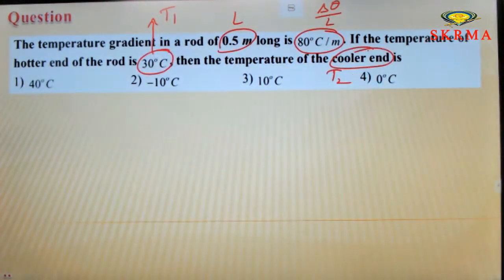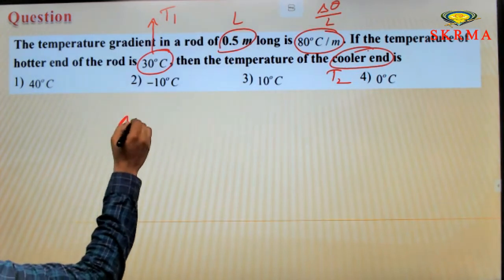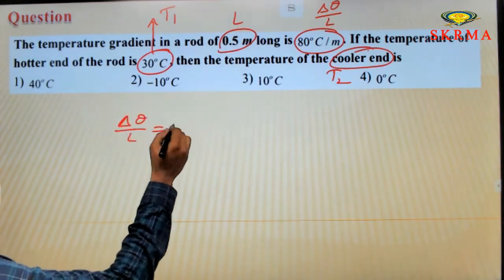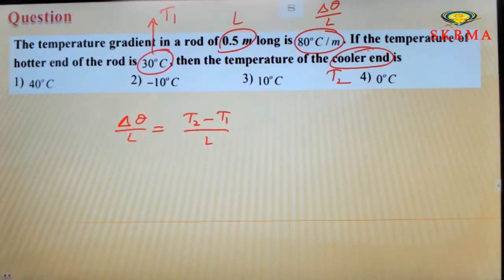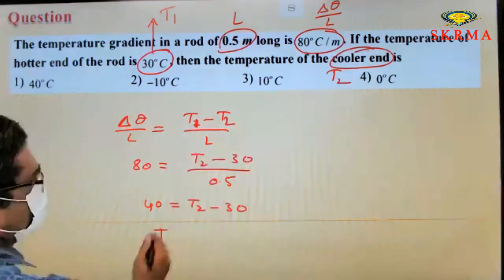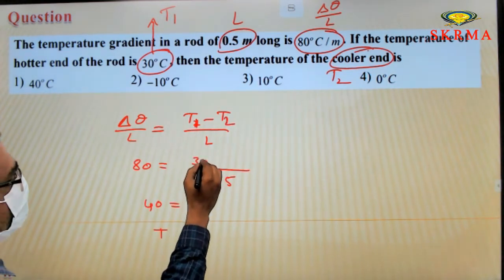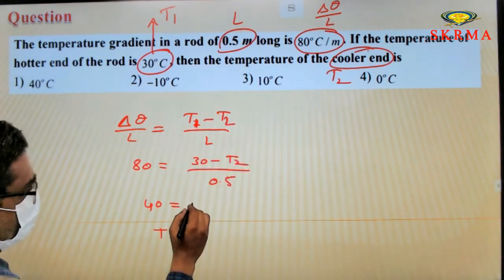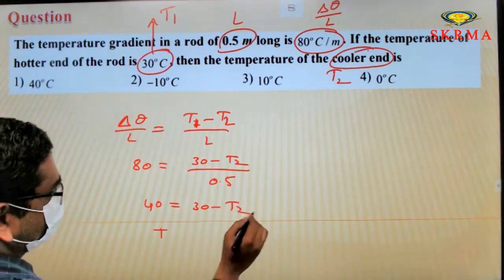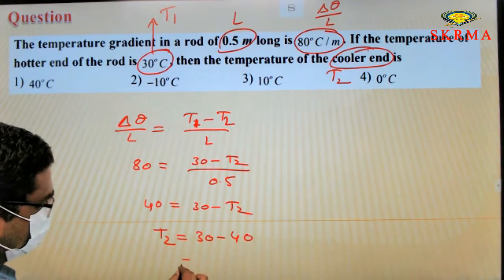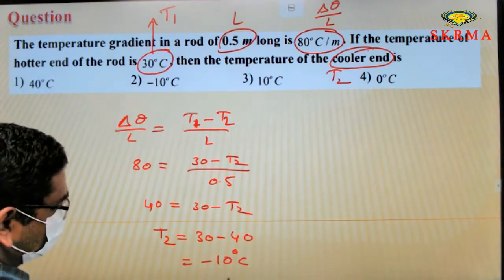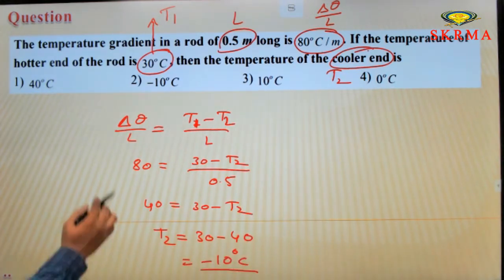So now what is the temperature gradient? Temperature gradient means change in temperature by length, or T2 minus T1 by length. So what is the value of temperature gradient? Means T1 is given as 30 minus T2. This is also 30 minus T2. Then T2 equal to 30 minus 40, minus 10 degrees Celsius.